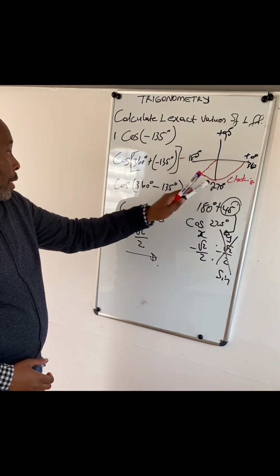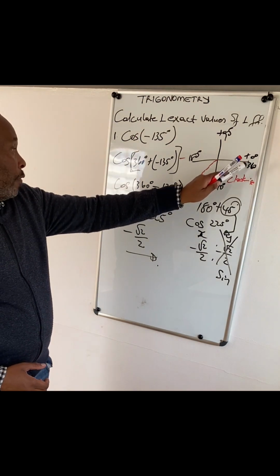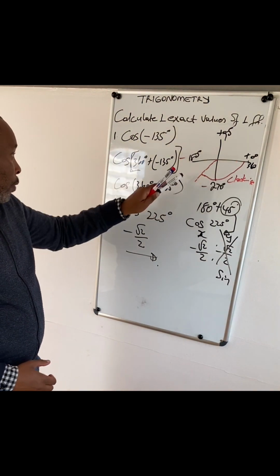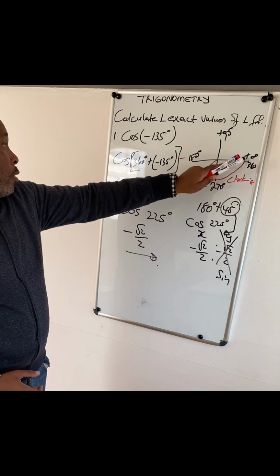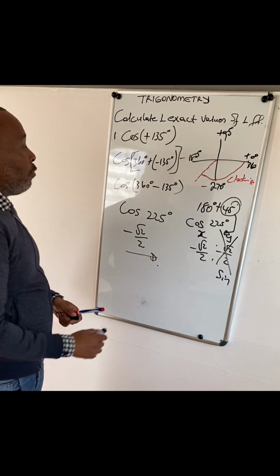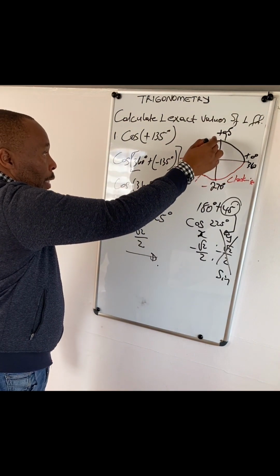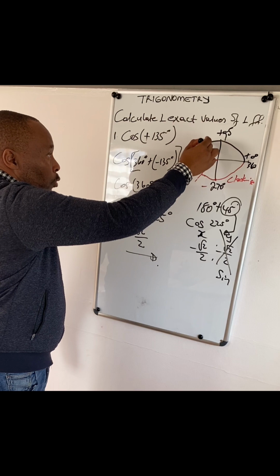It's 360 minus, because it's a negative angle. All negative angles start from 360 going down. All positive angles, we go this way. If this was positive 135, we would have worked out from here up to here and we would have stopped here at 135.